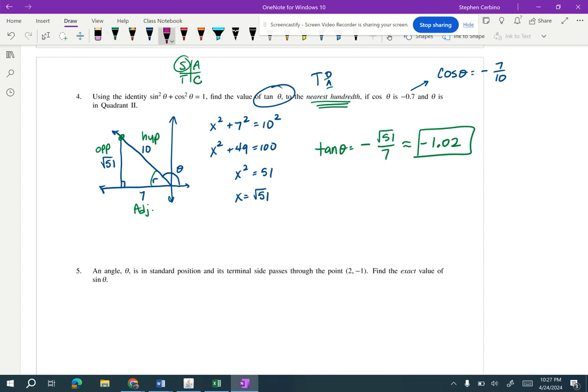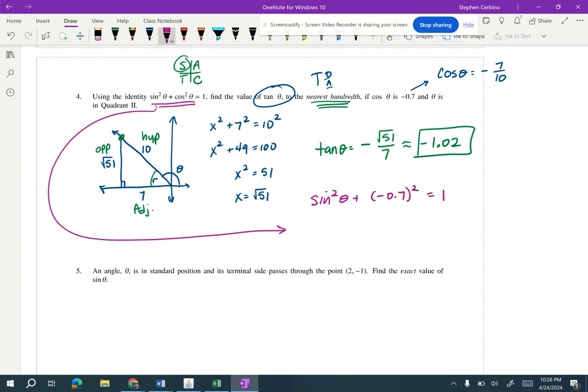Now, say you wanted to do this using the identity. So using the identity, what they want you to do is to replace cosine with negative 0.7. So you'd say sine squared of theta plus negative 0.7 squared equals 1.